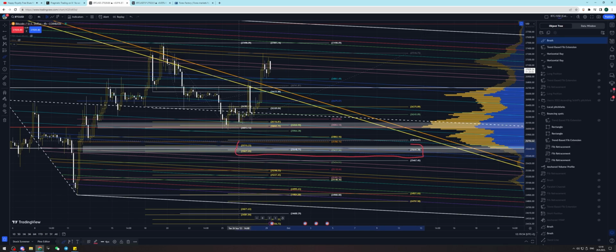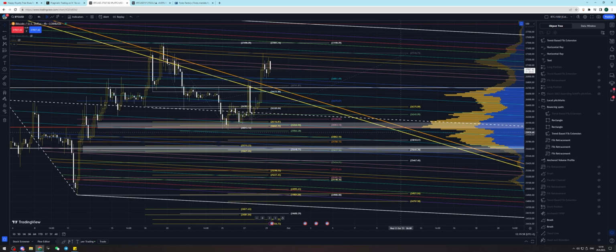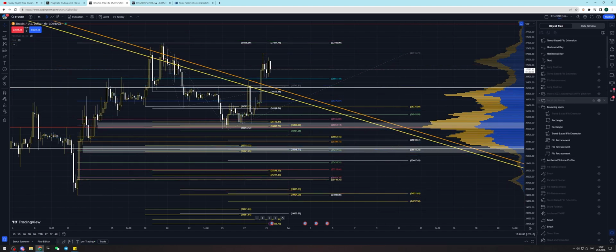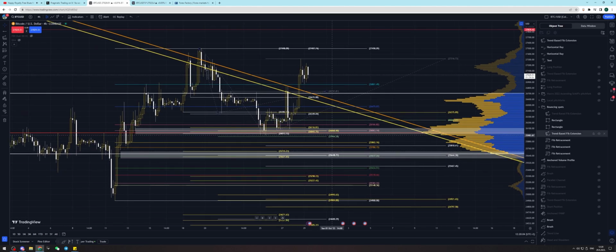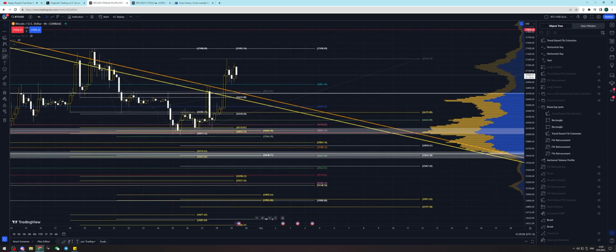So if we get there, I would expect a really strong bounce, and assuming anything else besides that is overreaching in my opinion. Why is that? Well, when we get there, and if we get there, I would expect a strong bounce, but what will happen after that bounce?